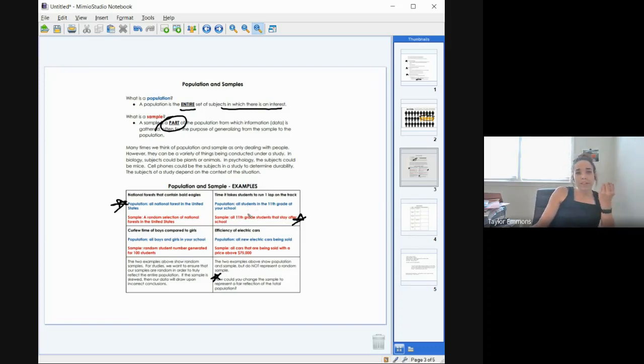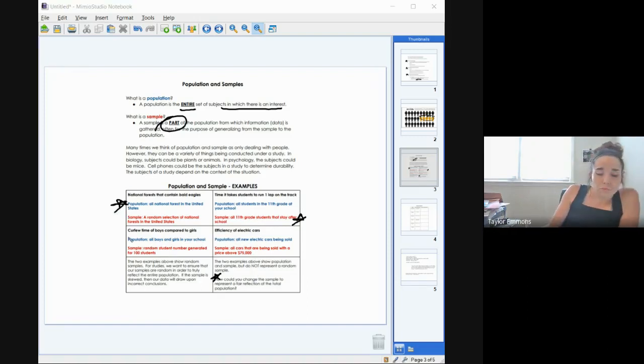So instead of pulling all the kids who stay after school, what if we take it from a bunch of different PE classes? We time the kids who are in PE because everybody has to take PE, right? And let's pull 5 random kids from that PE class. Or you could change it however you wanted to make that random. But those are 2 different examples that are not random. Okay.